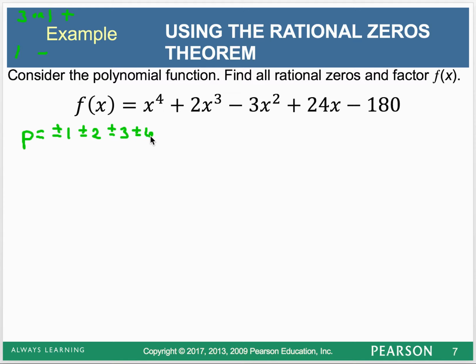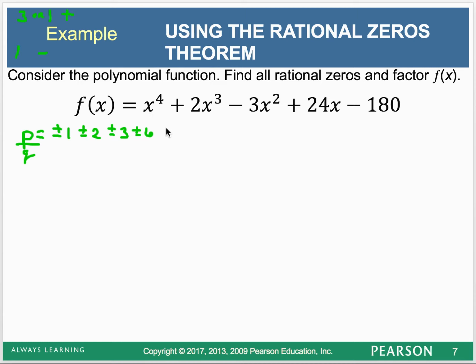At this point, I might just stop. If I don't have my solution by the time I try all of these, then I can go back and see, well, what's my next number to try? But hopefully the book's going to be kind of nice to us and not have to go too far. So now Q was only 1, so if I divide all those by 1, really that is my possible solutions.